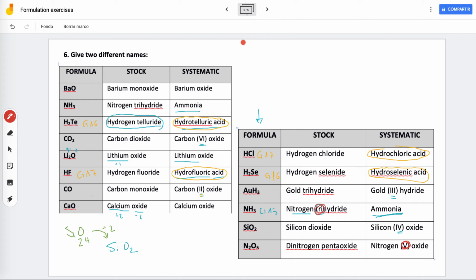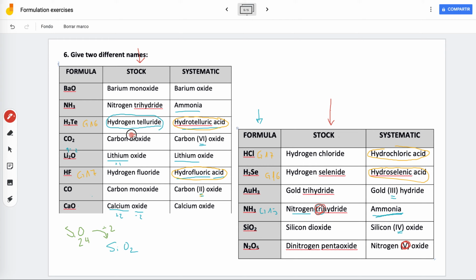The key thing is to remember the oxidation numbers. I'm also going to upload this screen. The key thing is also that stock is a more informative name than systematic, okay?